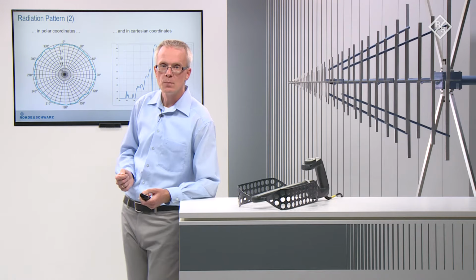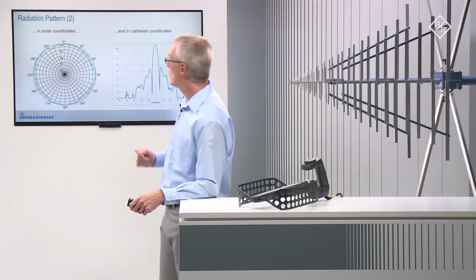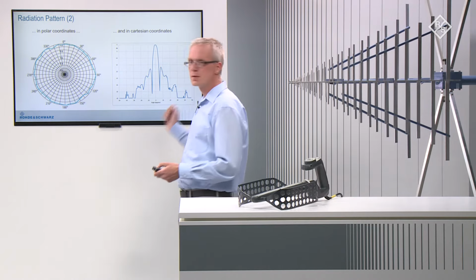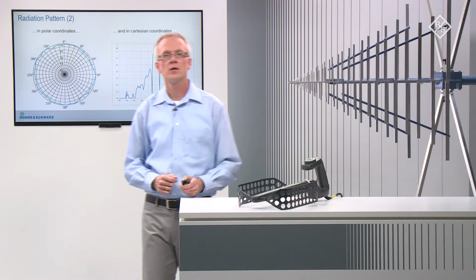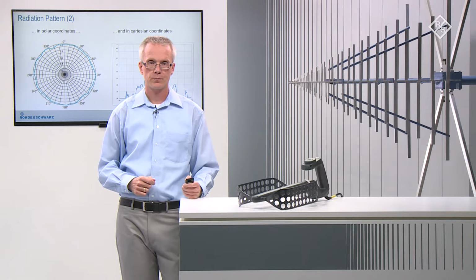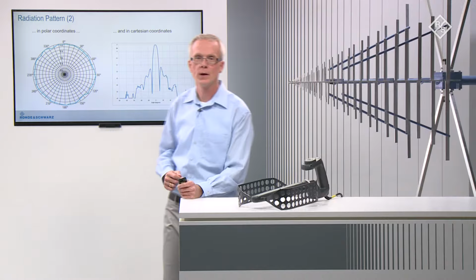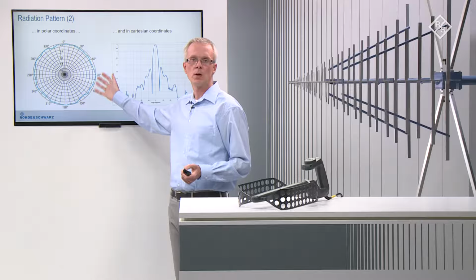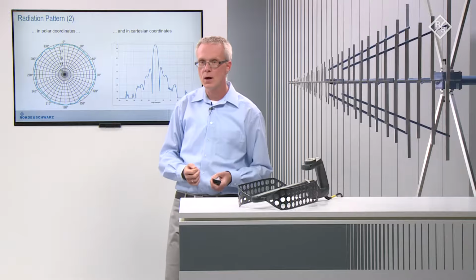Radiation pattern can be shown in polar coordinates as well as in Cartesian coordinates. Each method has its pros and cons. The polar display quickly visualizes the radiation into all possible directions, and there is no angular distortion.